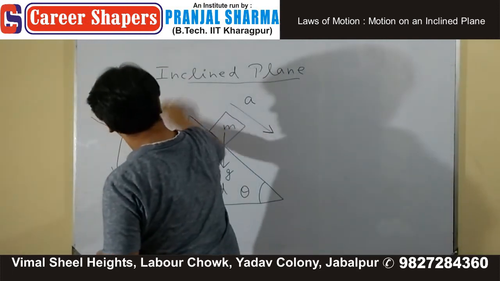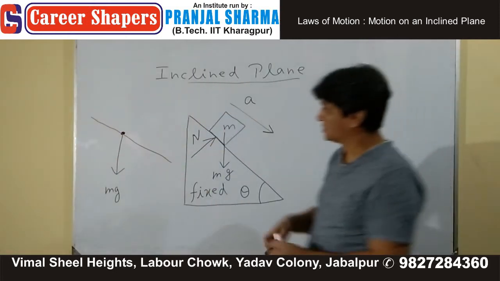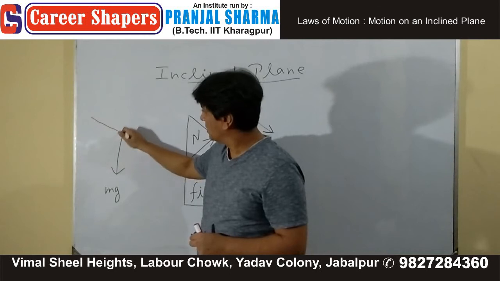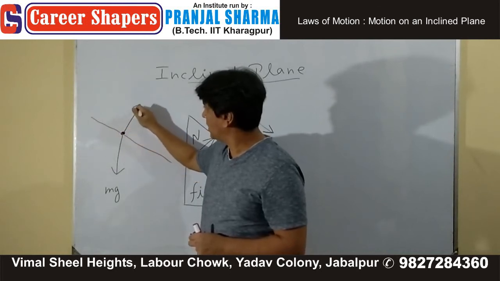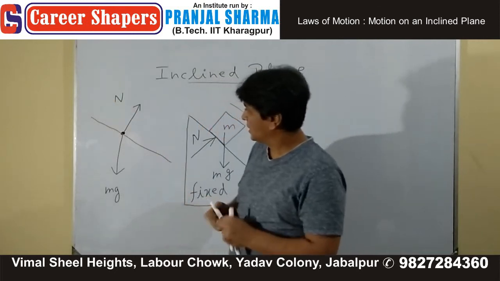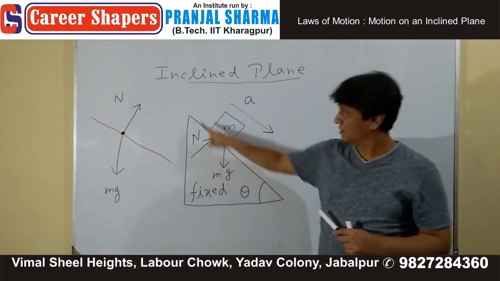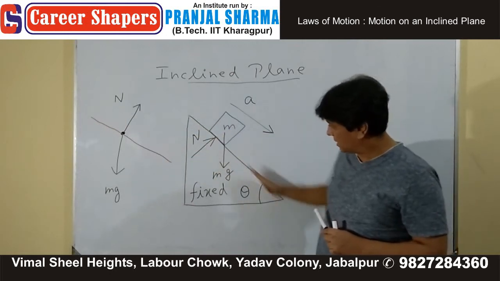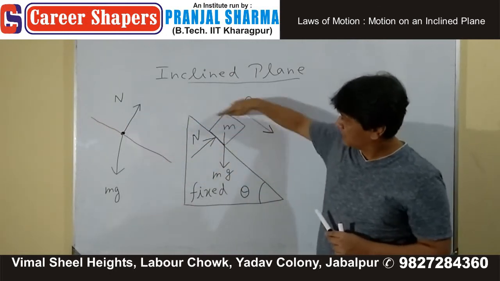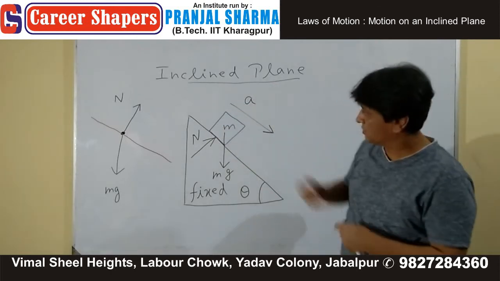थोड़ा सा अच्छे से फिगर दिखे, हमारा N it's pointing like this. Now when you draw it, make sure you also draw the same thing. This N is perpendicular to the red line. Red line ये वाला inclined surface दिख रहा है. This is the red thing.